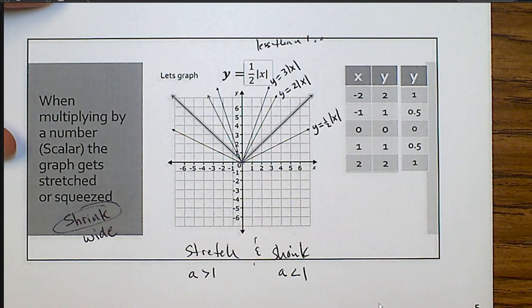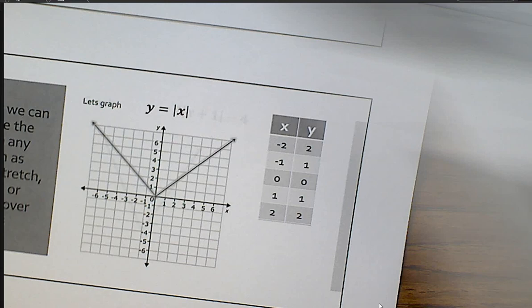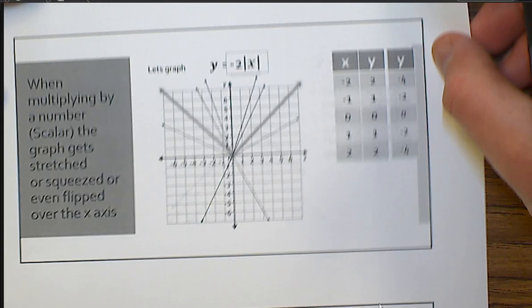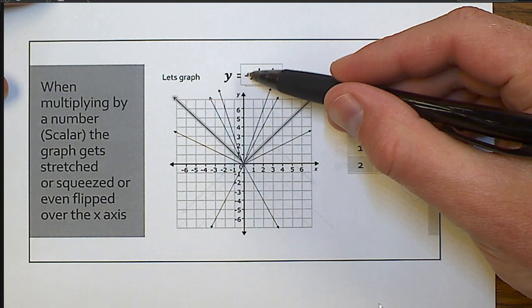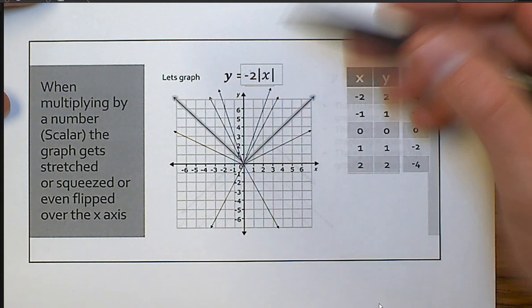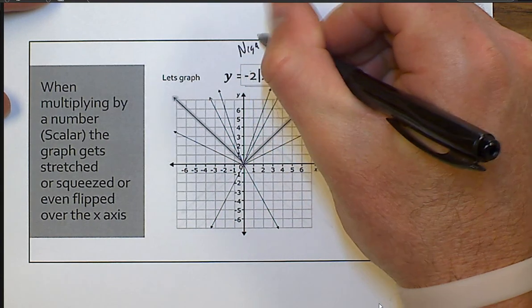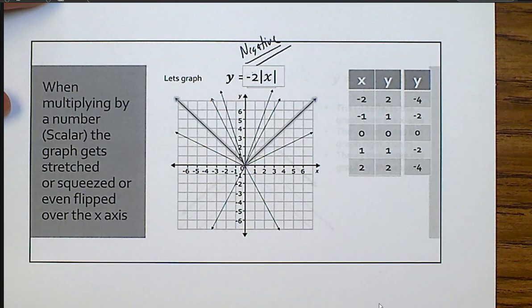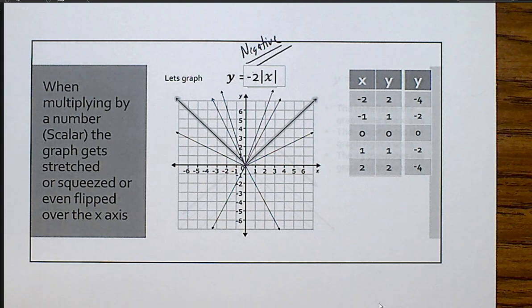Okay? Let's turn the page. And so now we're going to introduce what happens when your a value or your scalar is negative. Okay? So just like in other graphs that you've done, you've had slope and then you've had negative slope, and what happens, right?